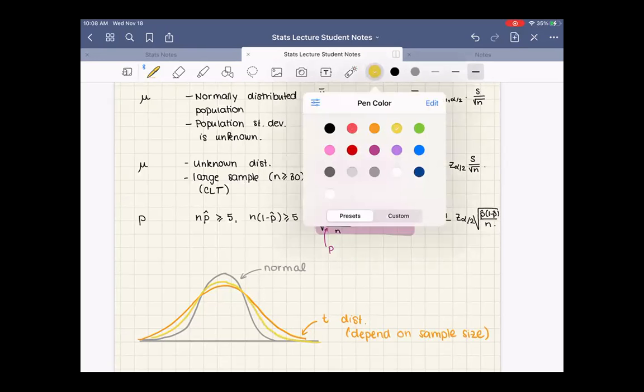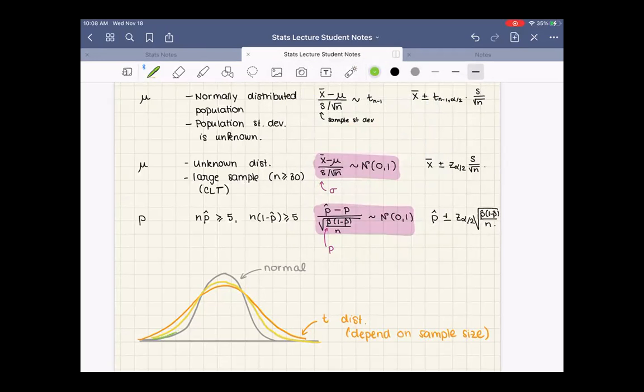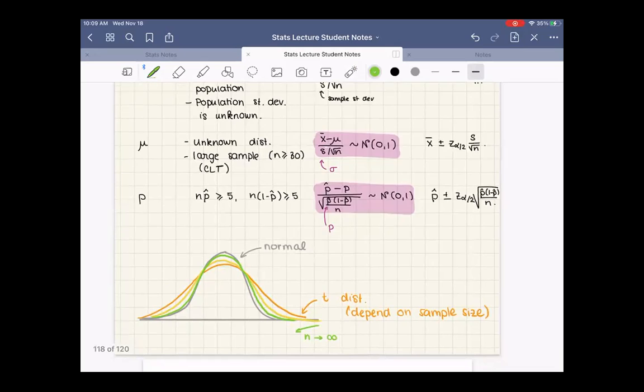And if I had an even larger sample, it would look maybe like that. And I can keep going like that. And as the sample size goes to infinity, the t-distribution approaches a normal distribution. Okay.